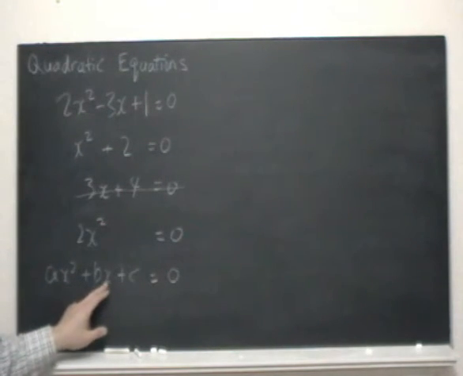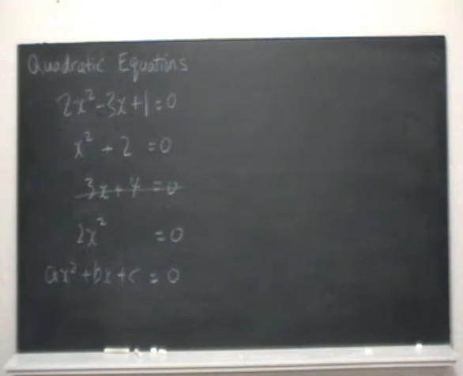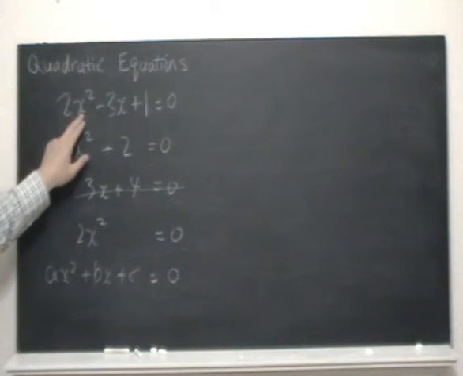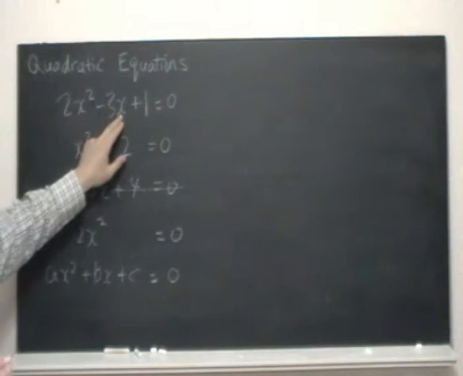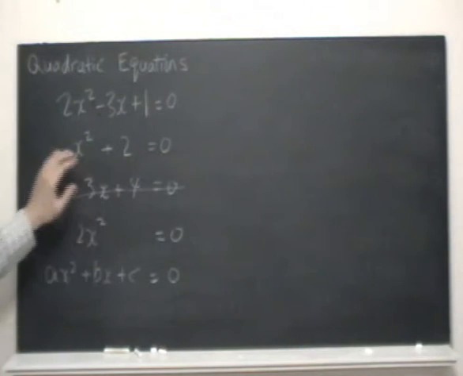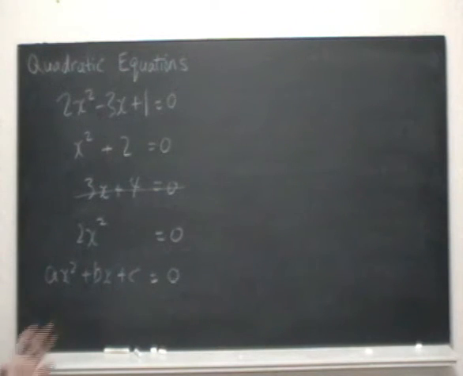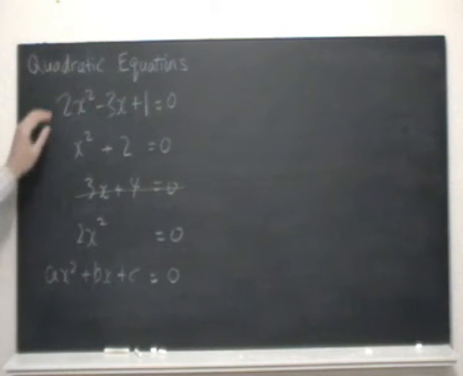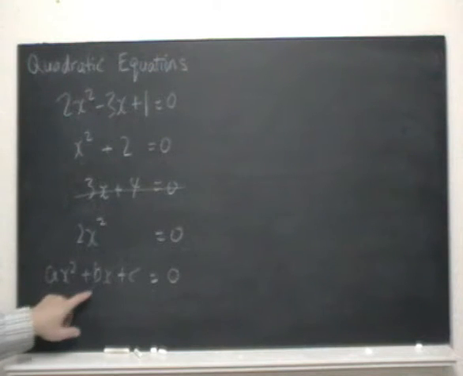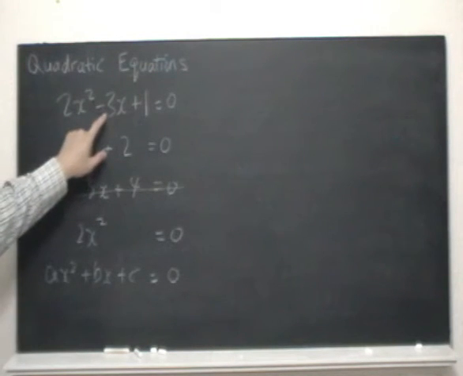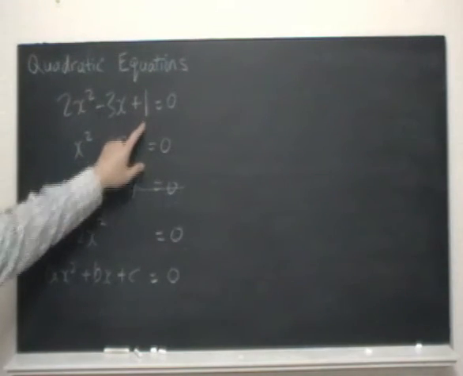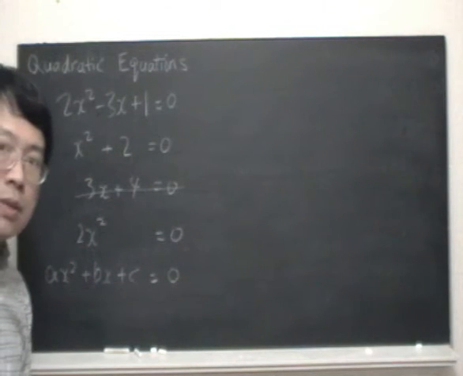X itself is the unknown, like the x in the first equation. So x is a symbol that we don't know, but a, b, and c represent numbers that we know. So for example, in the first equation, 2 would be the a, b would be the minus 3, and 1 would be the c.